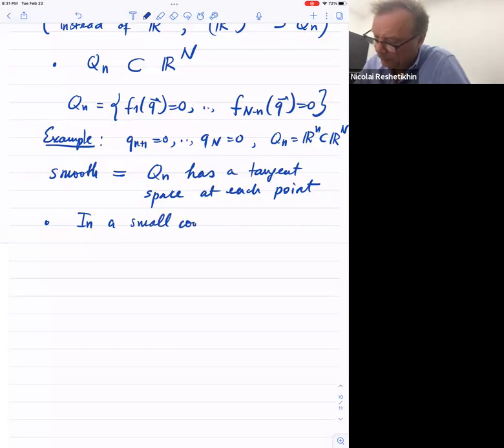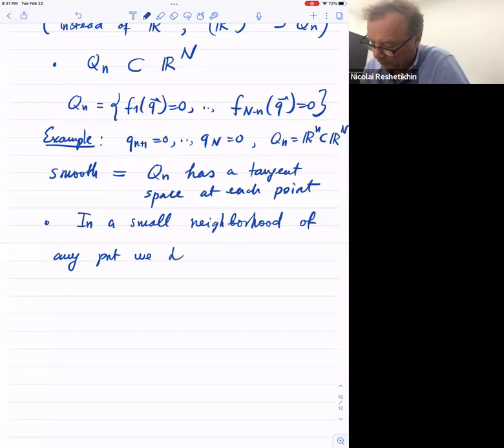In a small neighborhood of any point, we have n coordinates, q^1, ..., q^n.